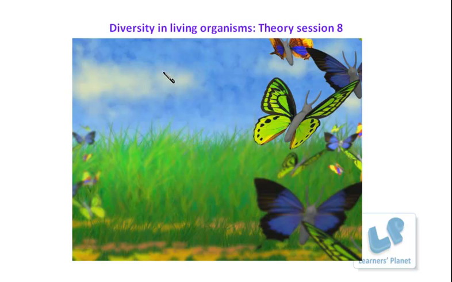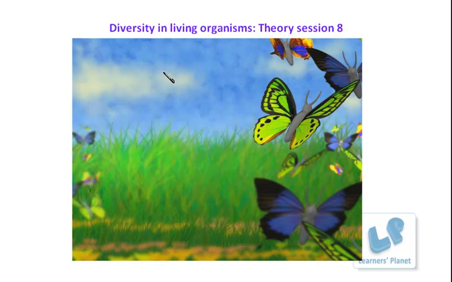This system was proposed by R.H. Whittaker. The kingdoms are Monera, Protista, Fungi, Plantae, and Animalia.